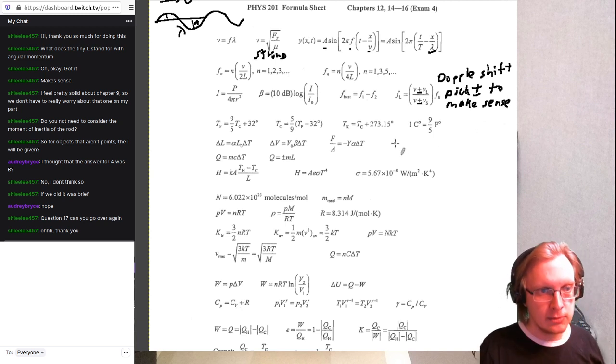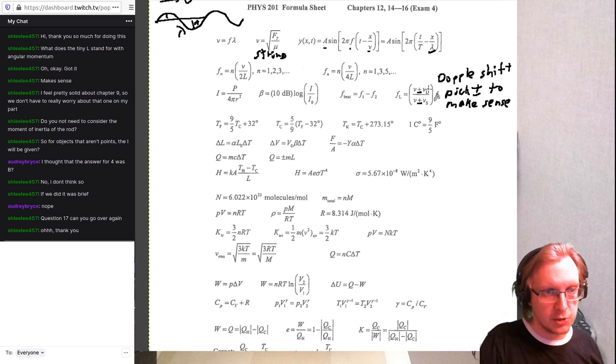So if you're standing still, then your listening position would be 0, and something comes racing at you, you would expect the frequency to increase. So you would need to pick the sign to make this value here increase, which would be a minus sign, so that the frequency would be higher for the listener. And so you end up with V over V minus Vs.